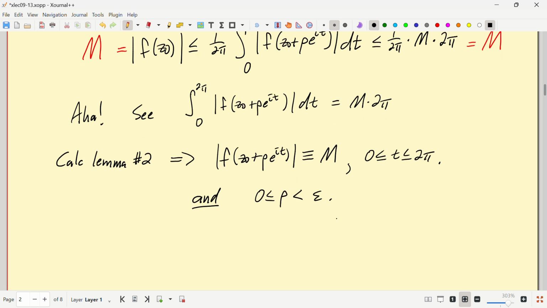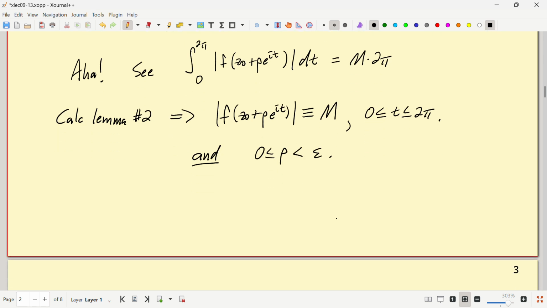Okay. And now, I've shown you the modulus is constant. And this is why I gave you that homework problem to start thinking about it. One of those cases that's important, in fact the most important one, is the lemma that if f is analytic and the modulus of f is constant on a disk, that implies f is constant.